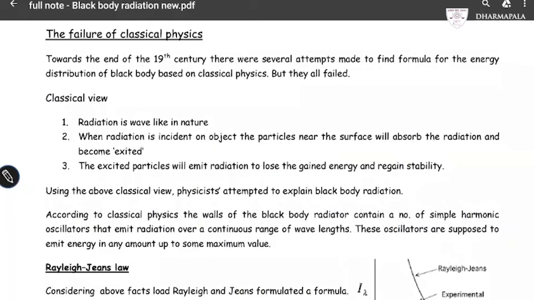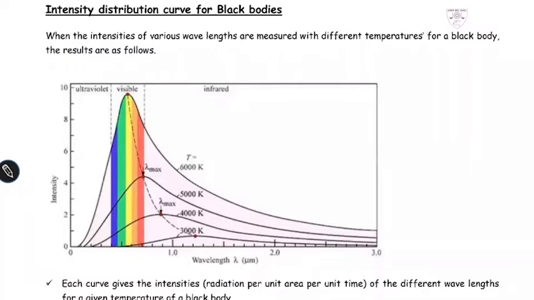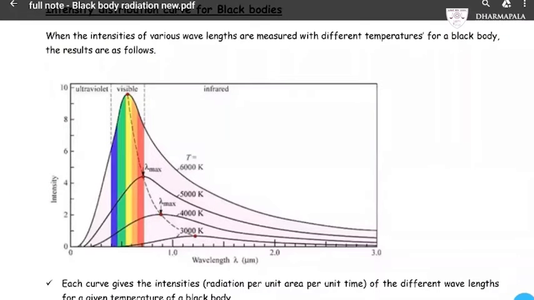Now we are going to discuss the failure of classical physics. Last time we discussed the intensity distribution curve for black bodies. All of these curves are plotted using practical data.